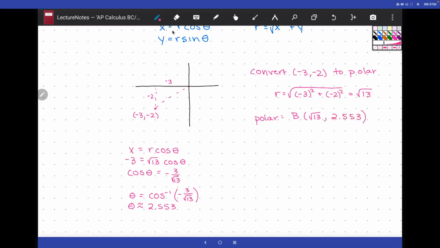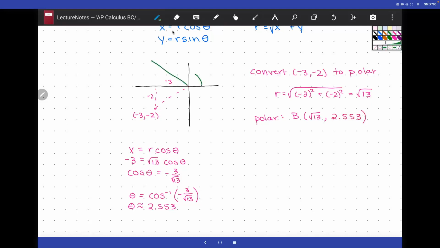So how do we fix this? We have something to work with now. We have 2.553. We can do something with that to get us in the right quadrant. So let's look at what's going on here.